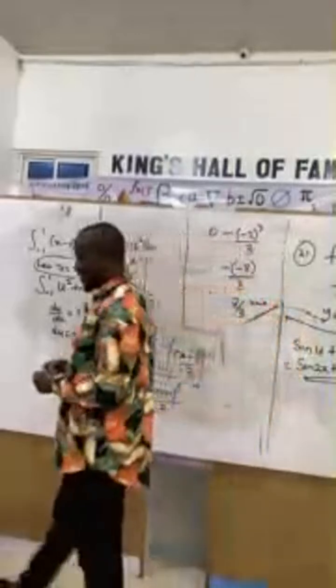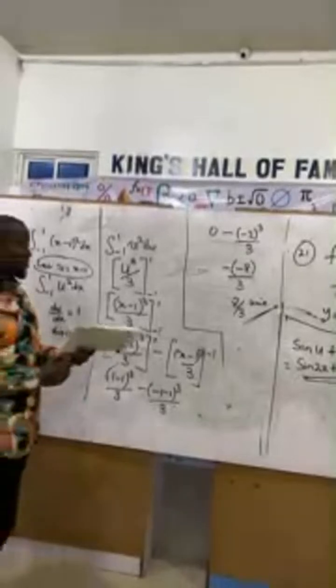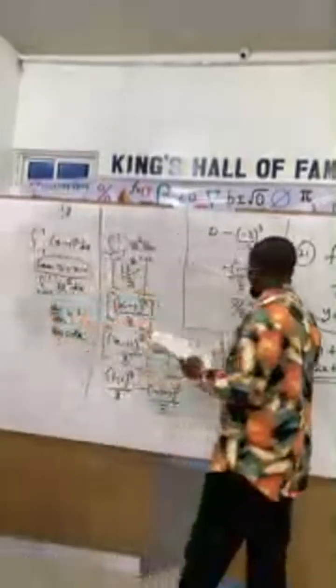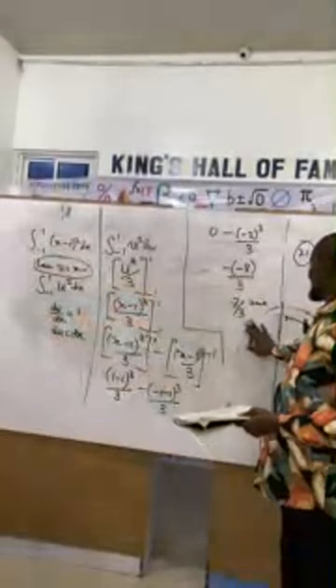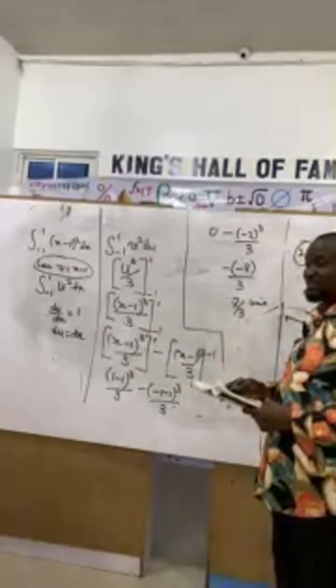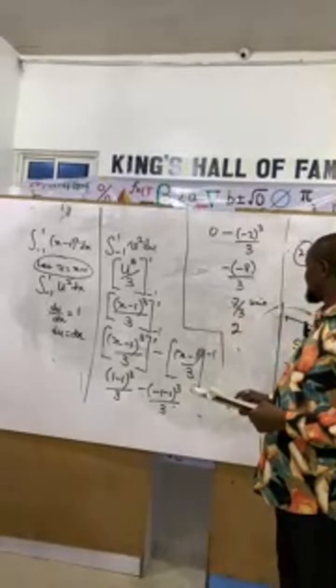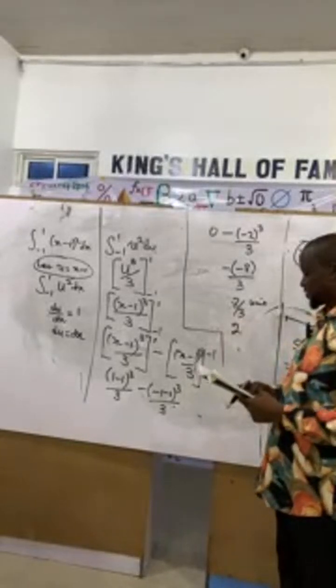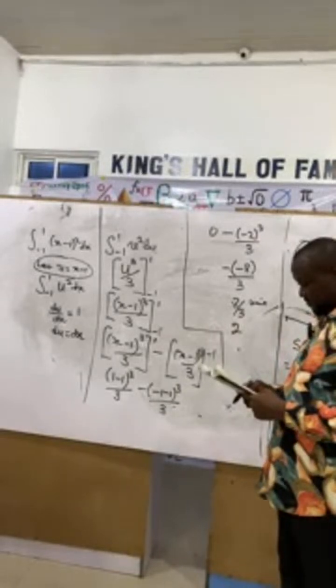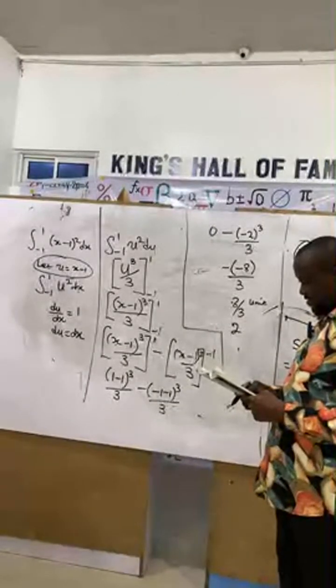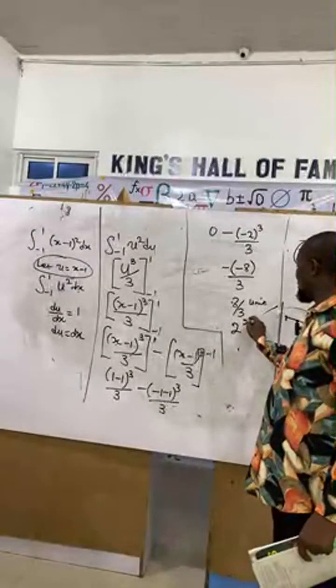So let's check whether you have the same answer. Eight over 3, how many 3s do you have in 8? 2, have you? That is 2 whole number, 2 over 3.